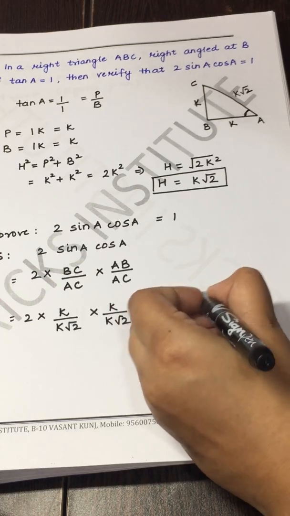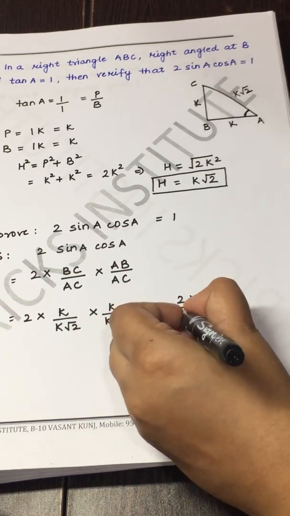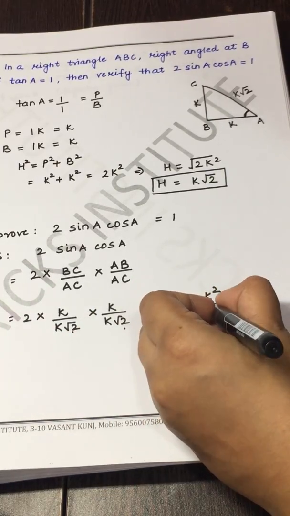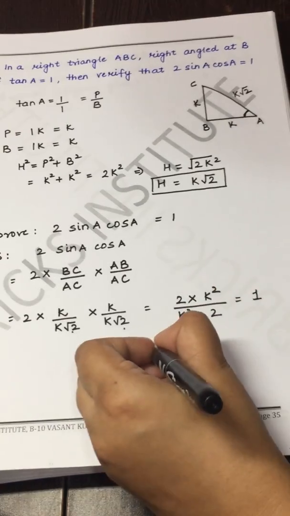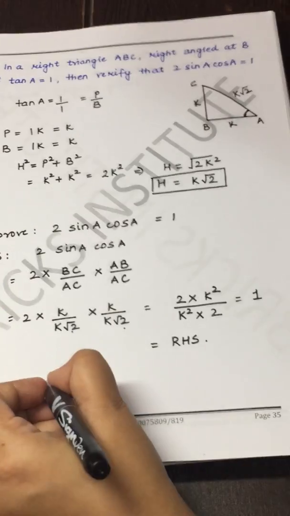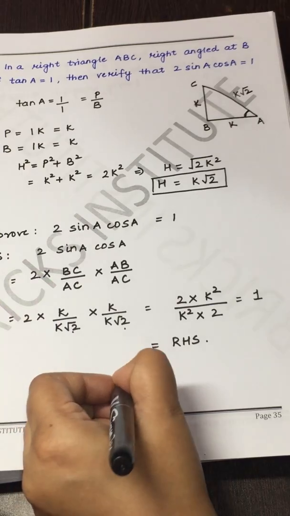So 2 into k square upon k into k will give me k square into root 2 will give me 2. So this gets reduced to 1, which is equal to our right hand side that we have to prove. Hence proved.